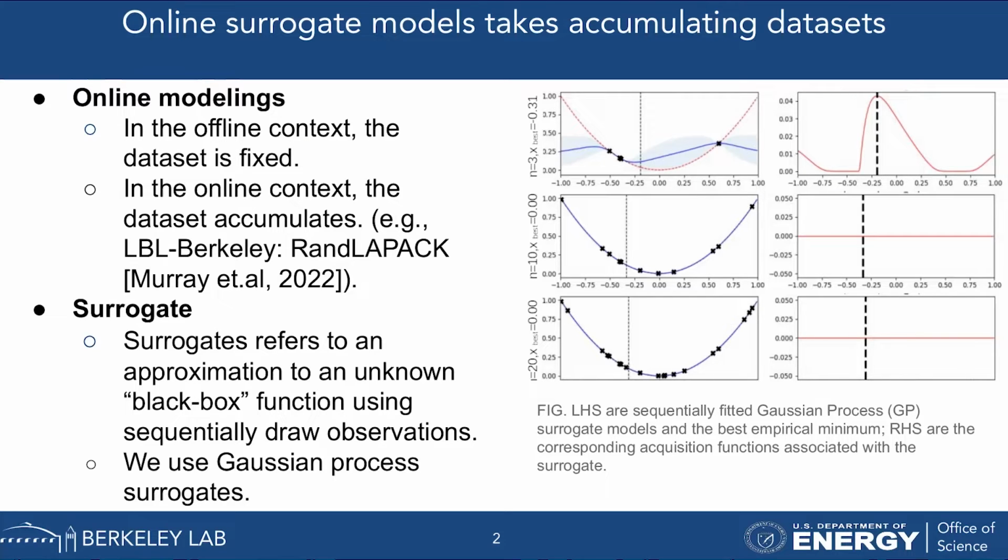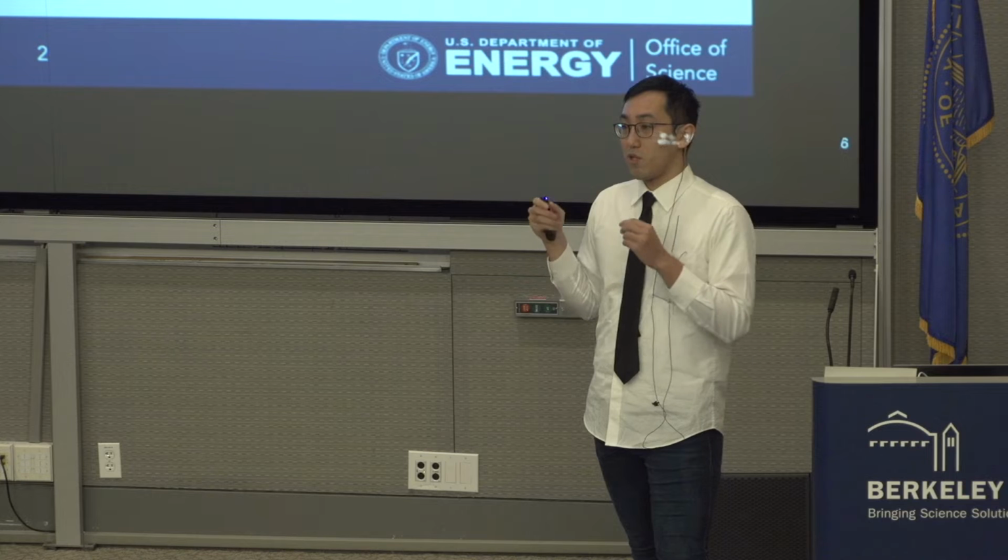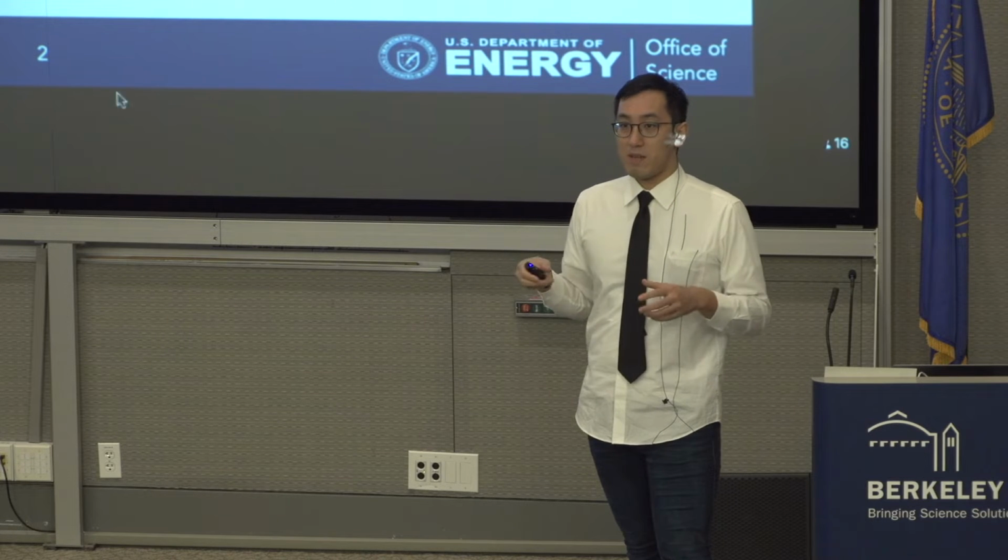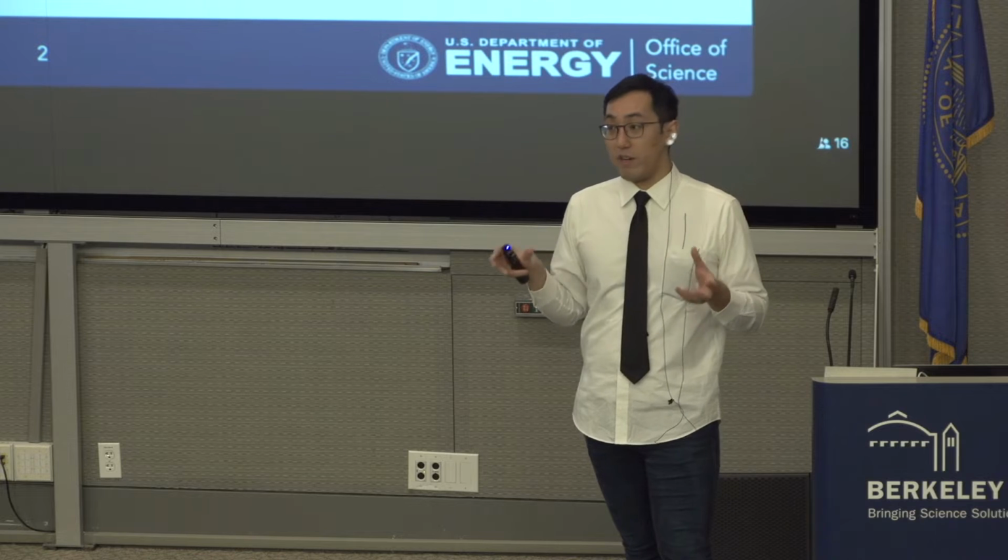There's a shaded area, which is the confidence interval given by the Gaussian process regression. On the right-hand side, we have the so-called acquisition function, which is based on the surrogate model we fit. We can see that there's only one mode here, which expresses our belief that the next sequential sample should be drawn here to maximize the exploration-exploitation trade-off.